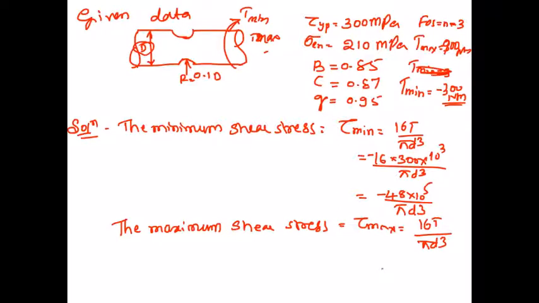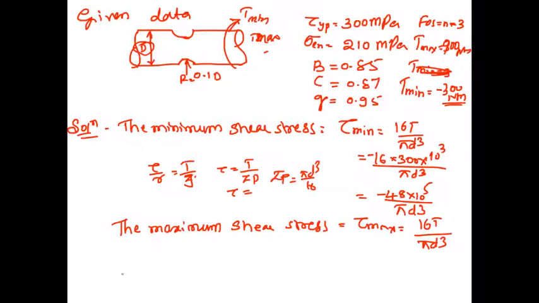Here you can find tau by r equal to T by J. So tau equal to T divided by Zp, where Zp is pi d cube by 16.